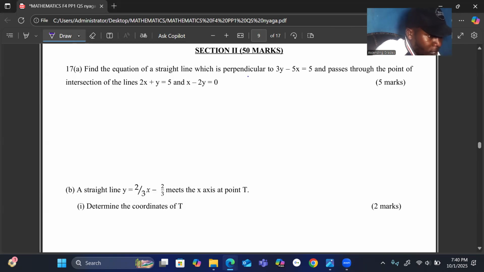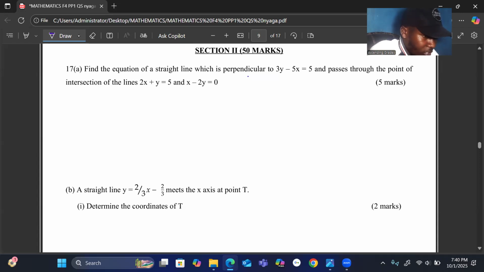Now, the question reads, find the equation of a straight line which is perpendicular to 3y minus 5x equal to 5, and passes through the point of intersection of the lines 2x plus y equals 5, and x minus 2y is equal to 0.